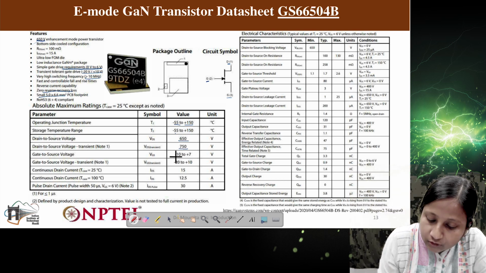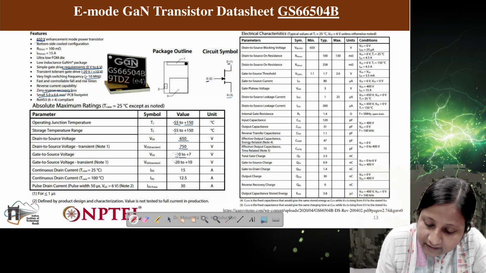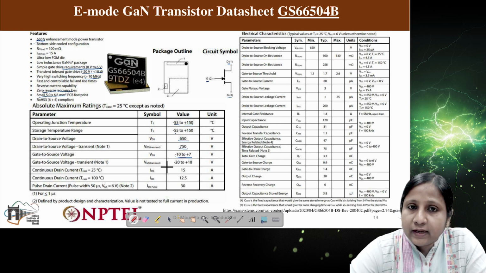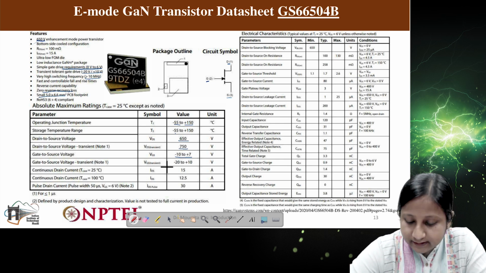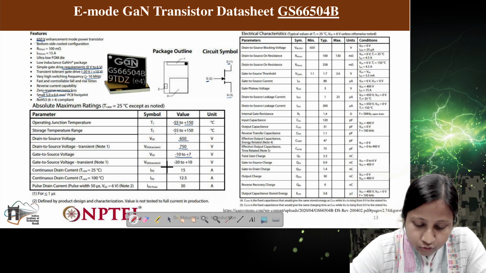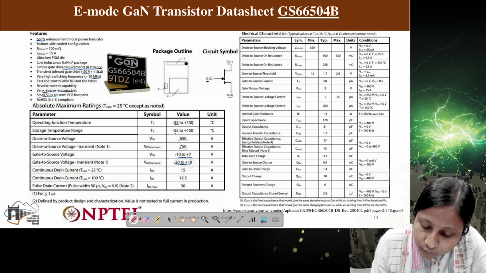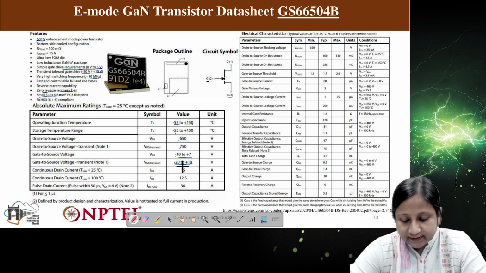The gate to source voltage, it is given that minus 10 to plus 7 volts. So you can provide any voltage in between. So it can be, let's say, minus 5 to plus 6. So in that level. So during transient condition, the device will be able to take minus 20 to plus 10 volts.